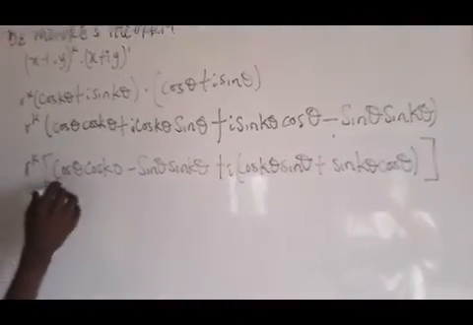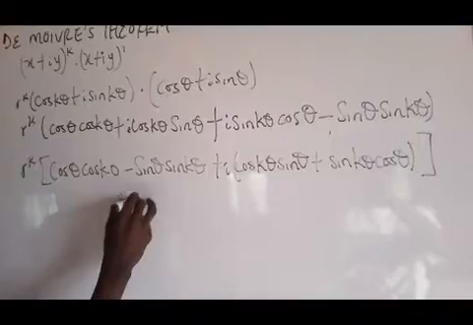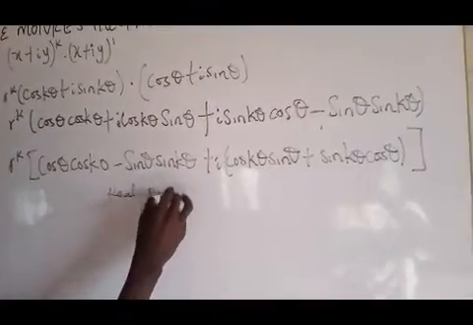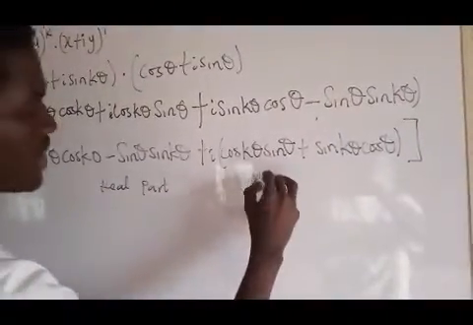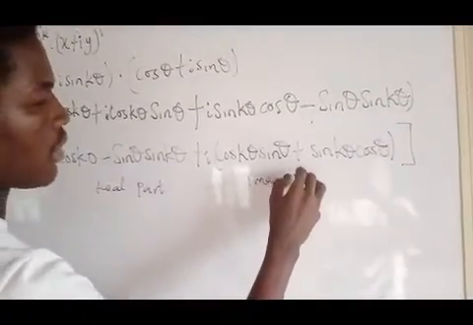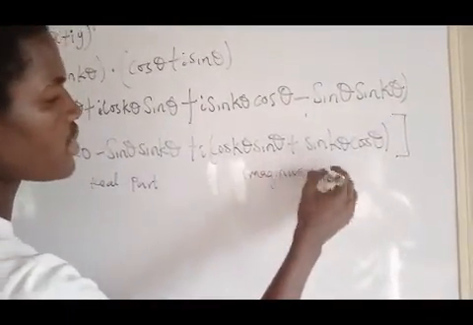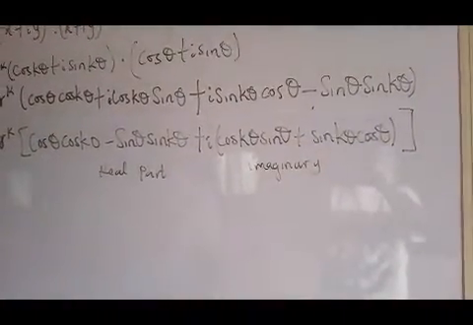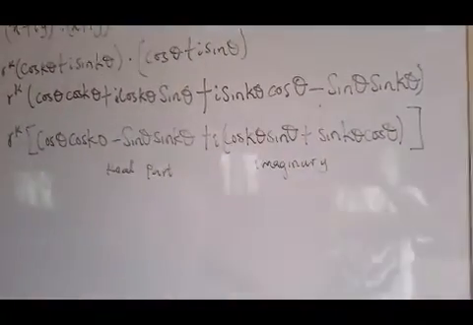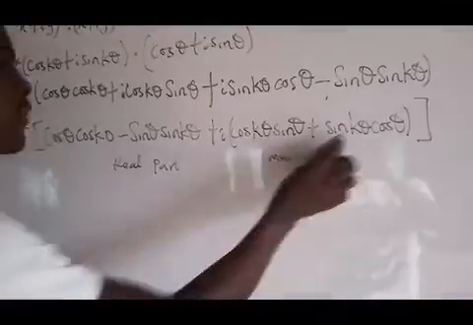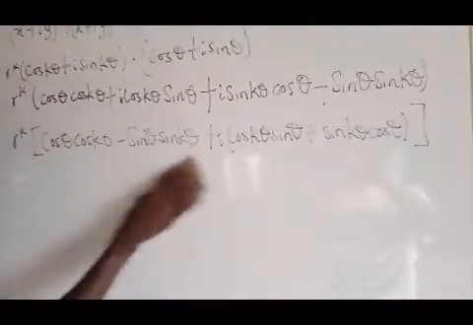You can call this the real part, and this one's the imaginary part. You can see that we are making it into the complex number form, because in complex number we always have the what? The real part and the imaginary part. All right, so now let's continue.